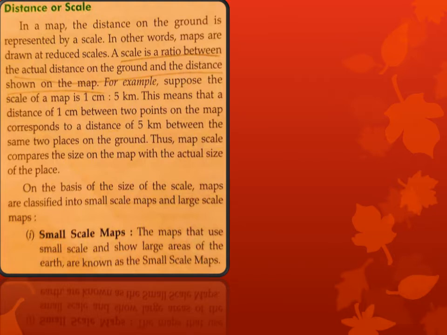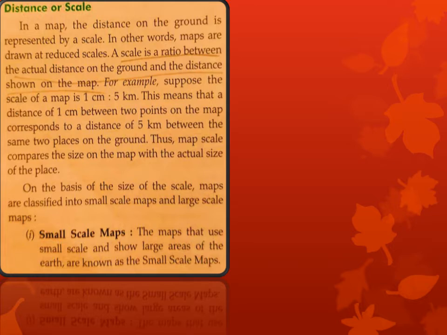Next we have distance or scale. In a map the distance on the ground is represented by a scale. In other words, maps are drawn at reduced scales.